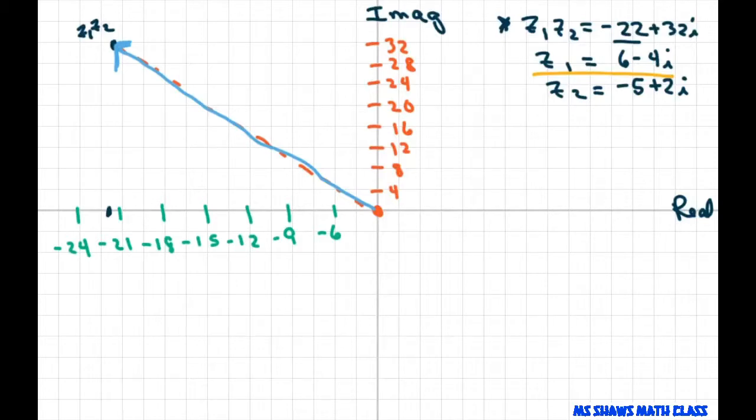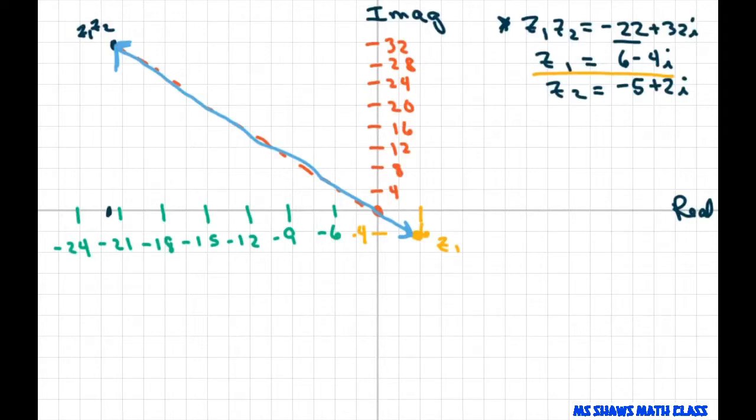Now for Z1, that's 6, negative 4. So this would be negative 4, that's right there. So this is Z1, and I'll go ahead and do this in blue too. And then Z2 is negative 5, let's do that in green.